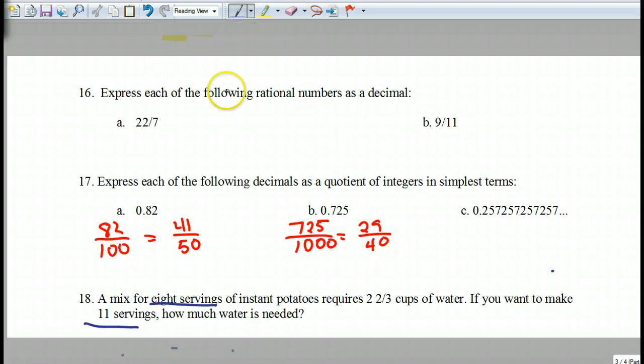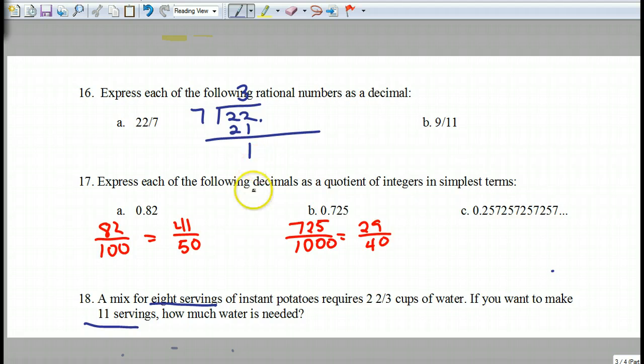So on this one it says express the following rational numbers as decimal. These are easier than what we did earlier today with those 2-digit numbers. You're going to take 7 into 22. Okay? How many times does 7 go into 22? 3. 3 times 7 is 21. I subtract that, and I have 1. Put the decimal right here.